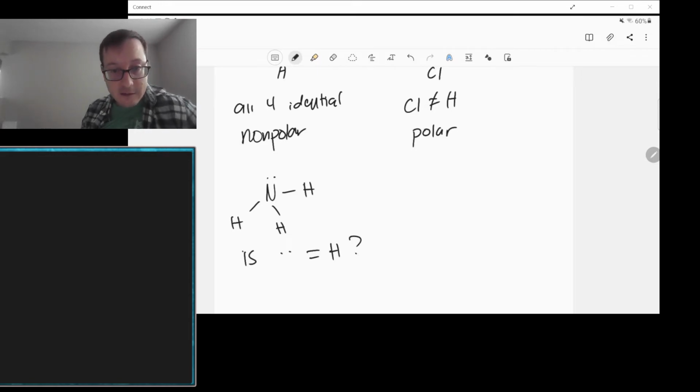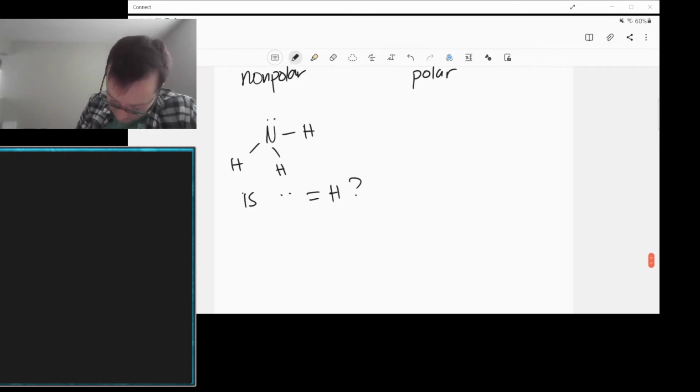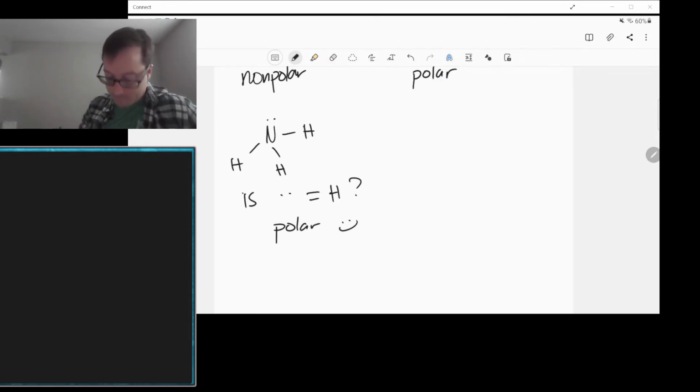We have to ask ourselves, is a hydrogen the same thing as a lone pair? No. Clearly then polar. A lone pair is not the same thing as an atom. So anything that has a lone pair should be polar as well.